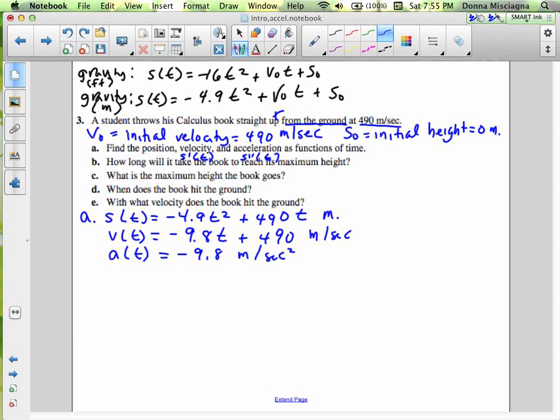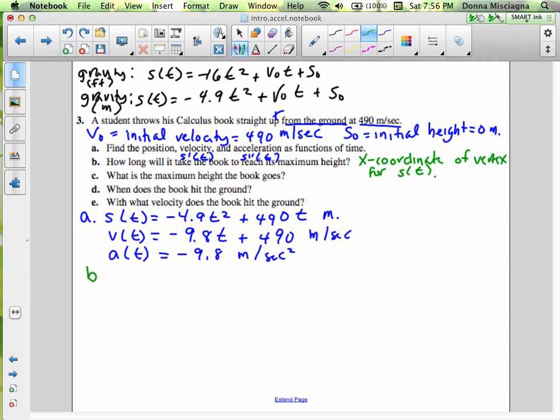Part B: how long will it take for the book to reach its maximum height? We're looking for the vertex here, and specifically for the x-coordinate of the vertex for s of t.